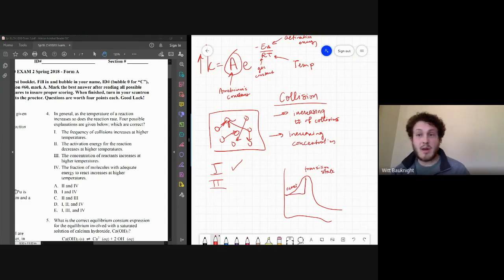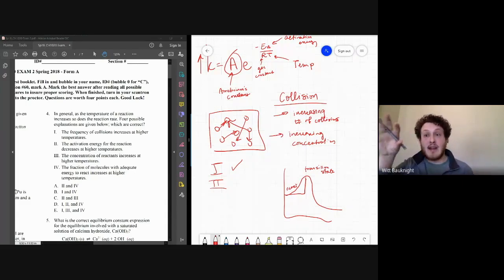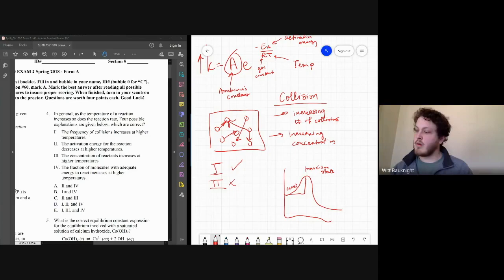And no matter what temperature this is at, or how cold it is, the reactants have a certain amount of energy in their chemical bonds, and the transition state has a certain amount of energy in its chemical bonds. Temperature doesn't affect how much energy is in a chemical bond. It affects how fast they're moving, but not the chemical bonds. So statement number 2 is false.